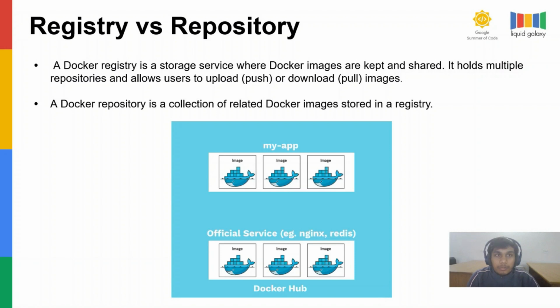Of course, as the name implies, a private repository is something that is accessible by one individual or maybe, let us say, an organization. For example, my app may be a custom made image that you made for yourself, published on the Docker Hub for your own usage. So that comes under the private repository.